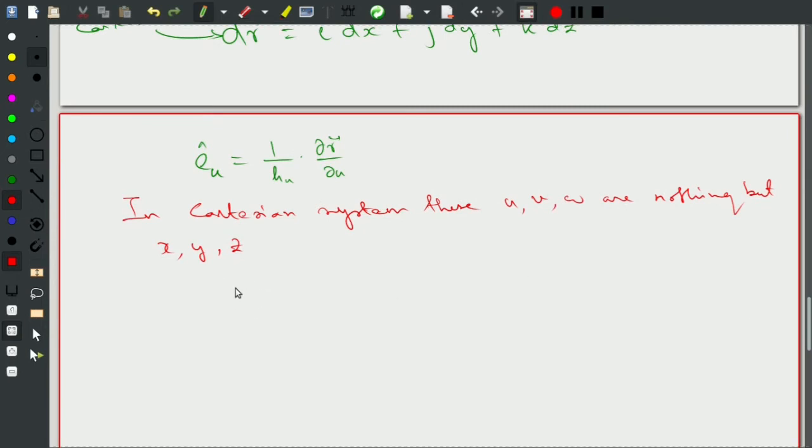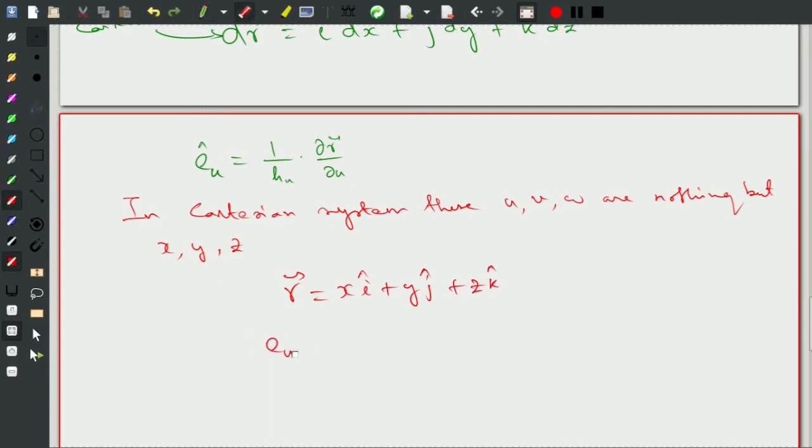So our r vector is x i cap plus y j cap plus z k cap. Therefore, instead of u we substitute e_x, the unit vector along the x direction.